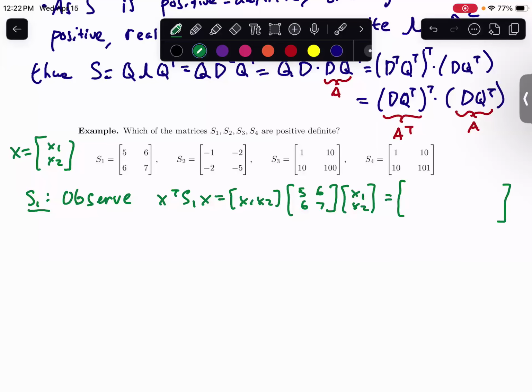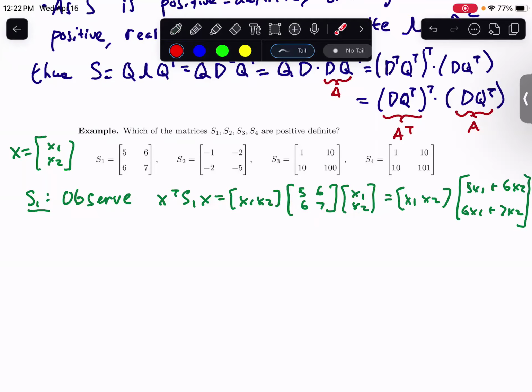The highest will be a quadratic polynomial. Let me do it step by step, actually. So this will give you X1, X2. If I multiply these 2 matrices together, this will give you 5X1 plus 6X2, and then 6X1 plus 7X2.